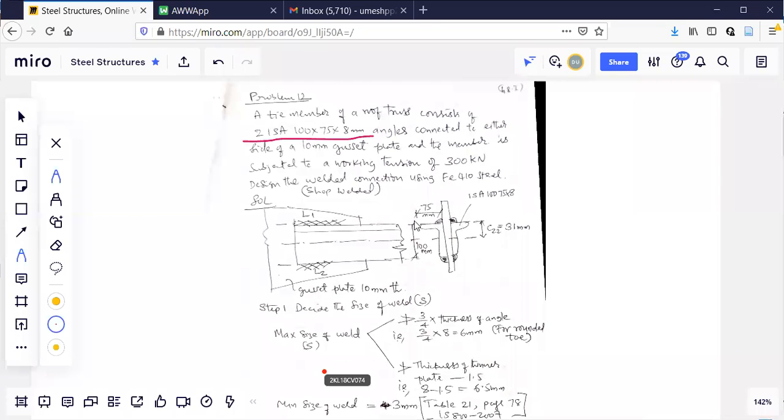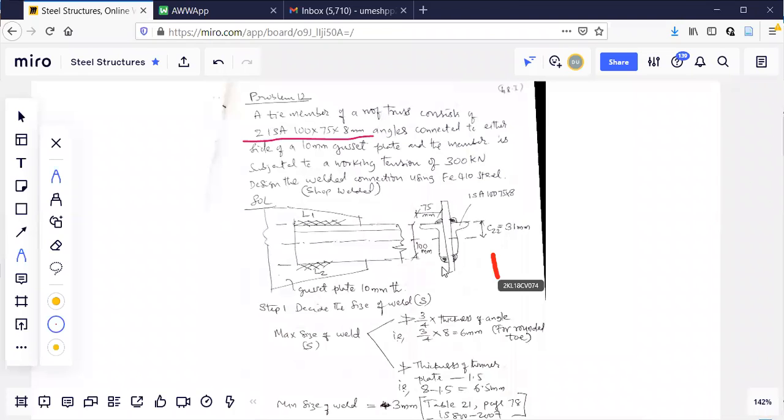Since they are saying two are there side by side, back to back, they are connected. In between it is gusset plate. To understand this, when you go to any industry, just look up there. Trusses are there, two angles back to back, they are connected.